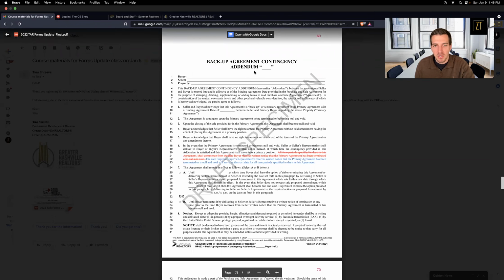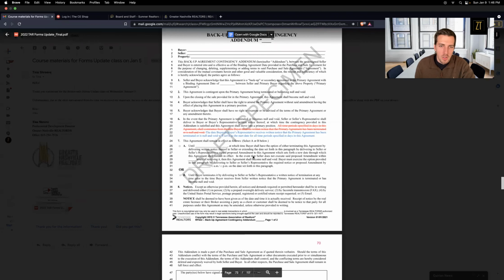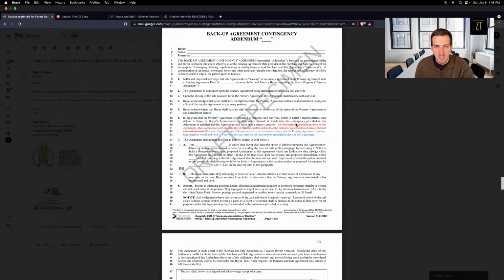Backup agreement contingency addendum. They reworded this sentence and instead created, in the event that the primary agreement is terminated or becomes null and void, seller or seller's representative shall deliver to buyer or buyer's representative within notice, at which time the contingency provided in this addendum is satisfied and this agreement shall move into a primary position.